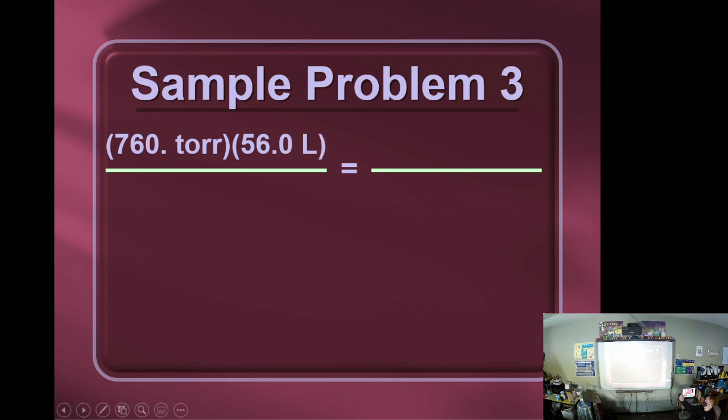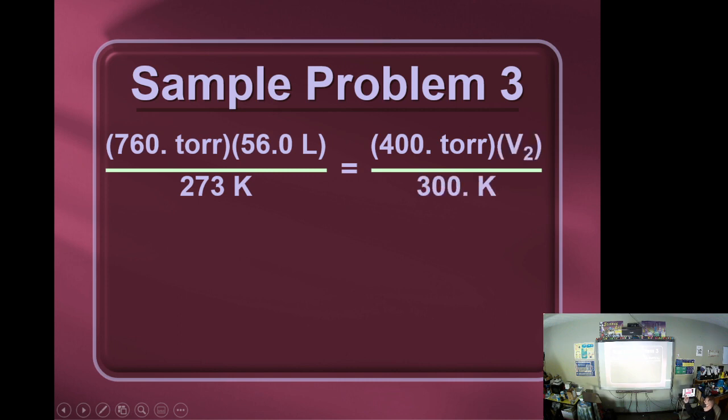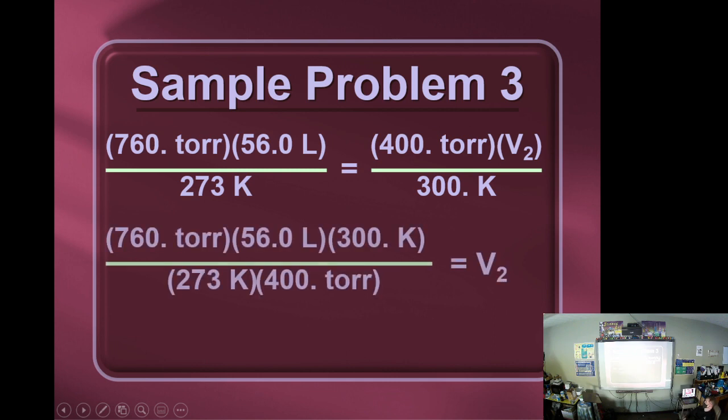We calculated the 56 liters in the last part of the problem, and we're at 273 Kelvin. We want to convert it to 400 torr and 300 Kelvin, and we're trying to figure out the volume. So then it's just cross multiply and divide. P1 V1 over T1 equals P2 V2 over T2.